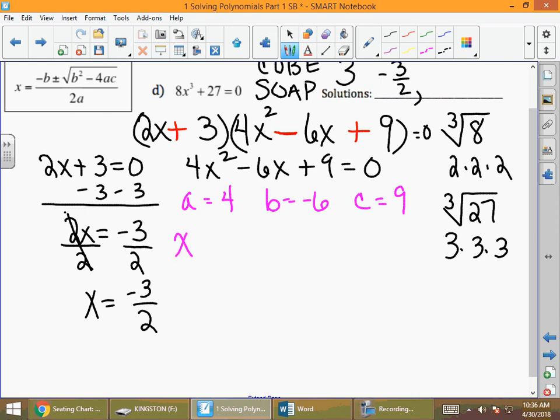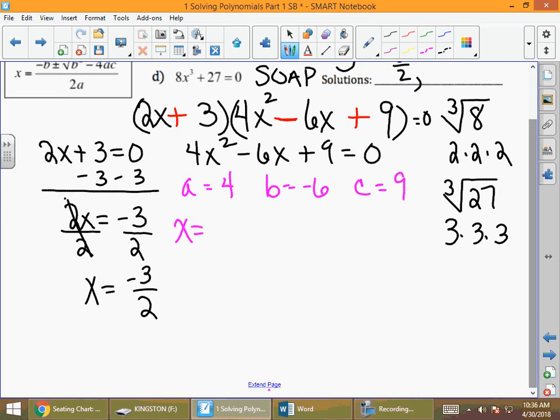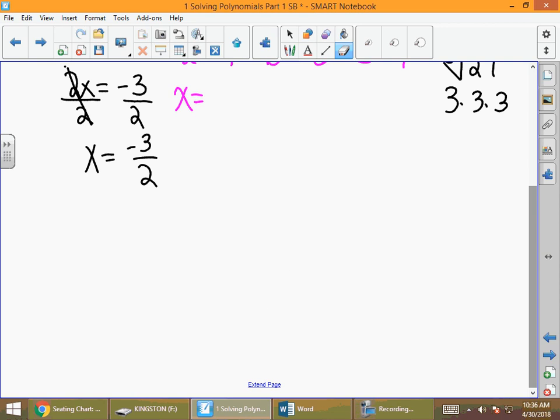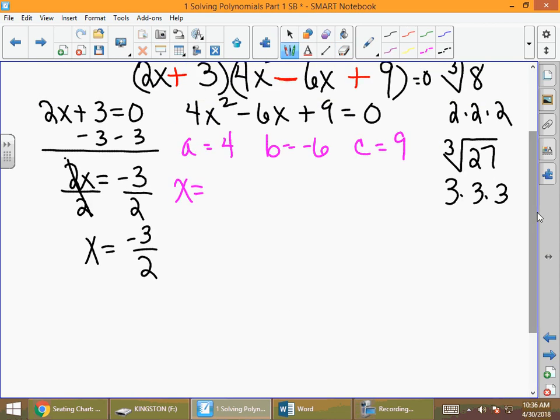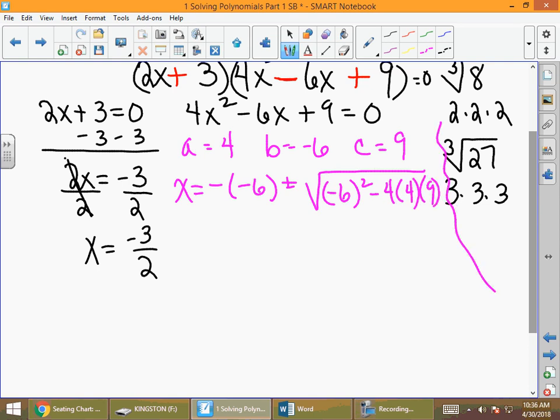So x equals the opposite of b, plus or minus the square root of b squared minus 4 times a times c, all divided by 2 times a. Be careful if you're typing anything in your calculator, especially that negative 6 squared. You must have parentheses when you're typing it in.